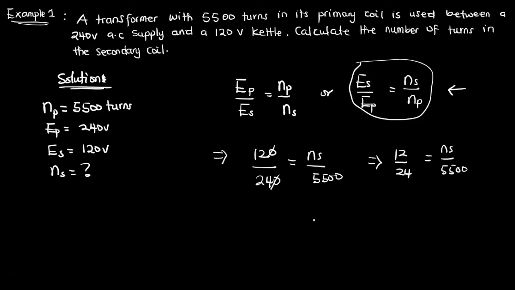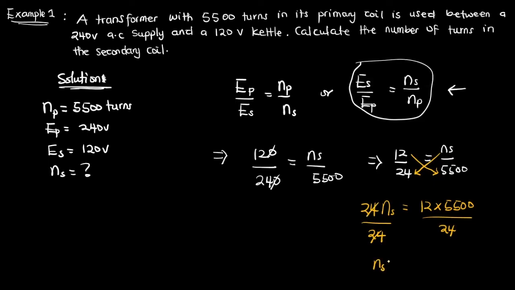Now I can cross multiply. This will multiply this, and this will multiply this. So I have 24 NS is equal to 12 multiplied by 5,500. To find NS, I divide both sides by 24. This will cancel this.